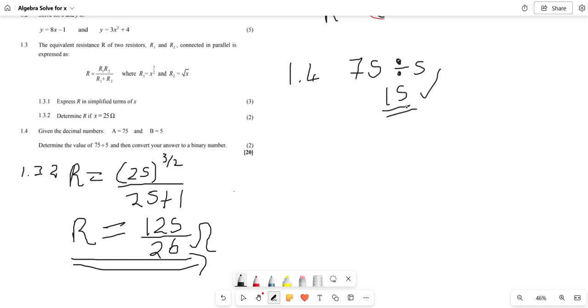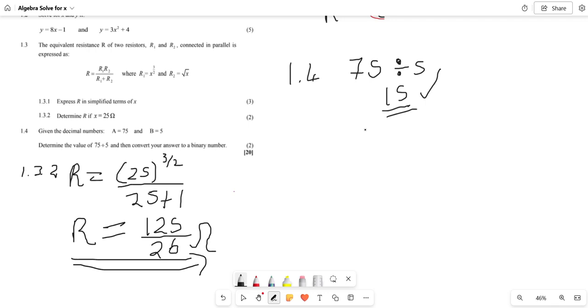Then it says convert this answer 15 to a binary number. Remember, we have new calculators that have been launched, which have a binary number function built in. How do we access the binary number from the latest calculators called Golf 8 GTI? In your calculator, you are going to press mode.